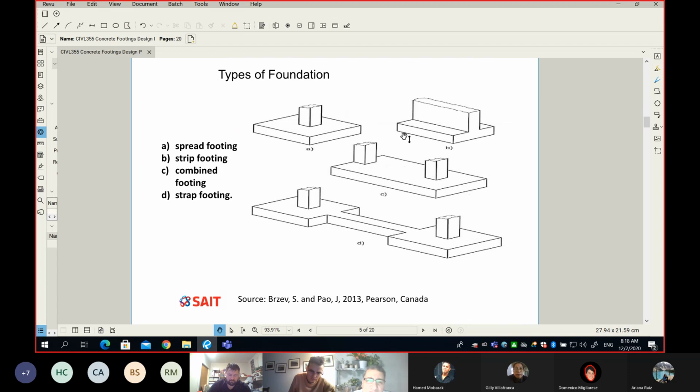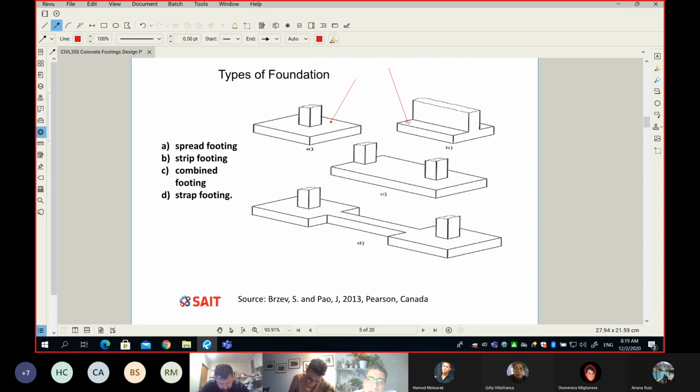I'm going to show you what we mean here. This is a graphic that shows you each one. So here we go. This one is our spread footing, and this one is a strip footing. And those are the ones that we will cover in our class. This one is called combined, and this one is called strap footing, and those will not be covered in our class.